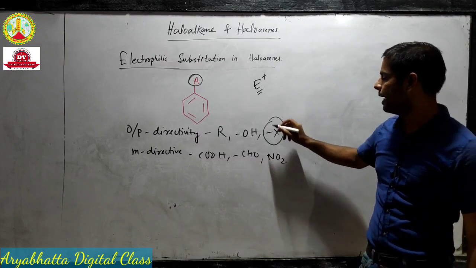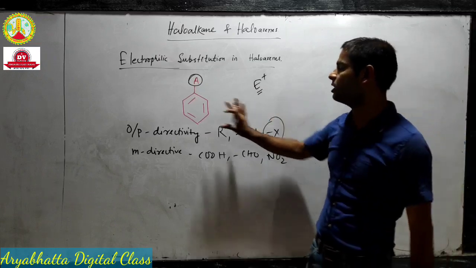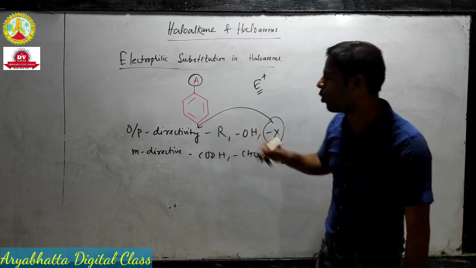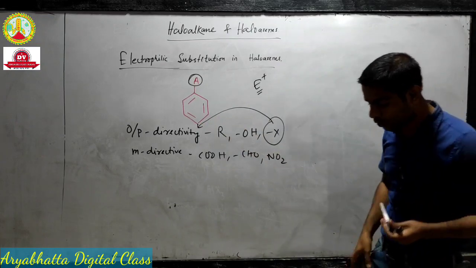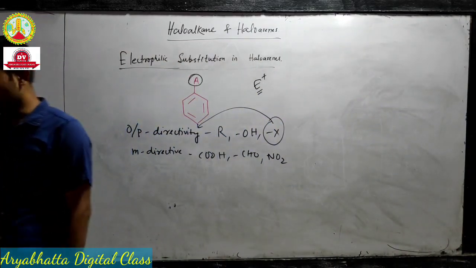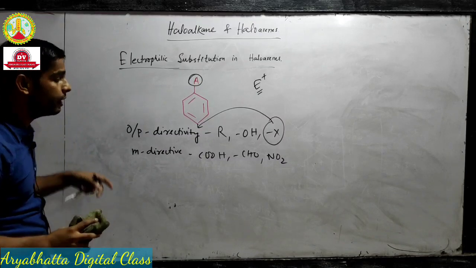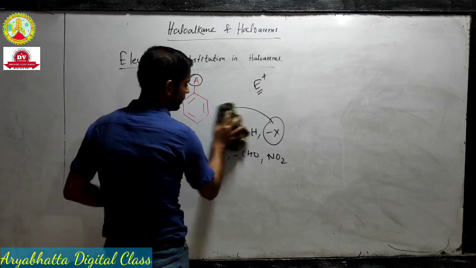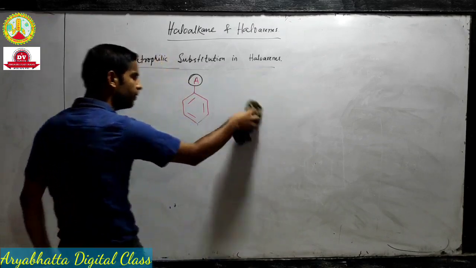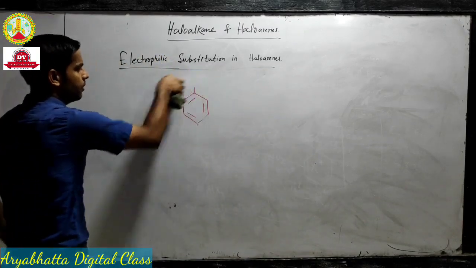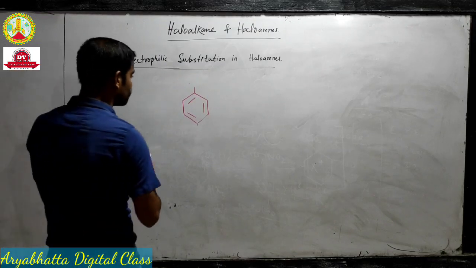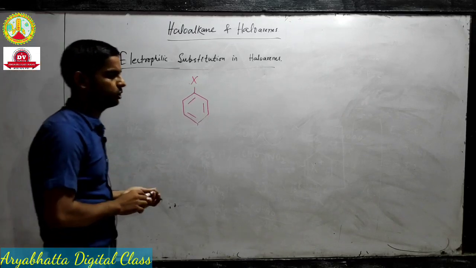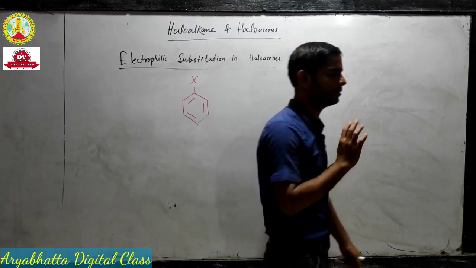When a halogen is present on the benzene ring, halogens are ortho-para directive. So the first thing we know about halogen substitution is that it is ortho-para directive. We will see what that means. We will use this concept, and I will tell you in detail what it means.